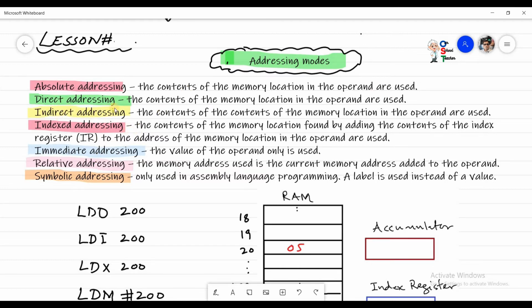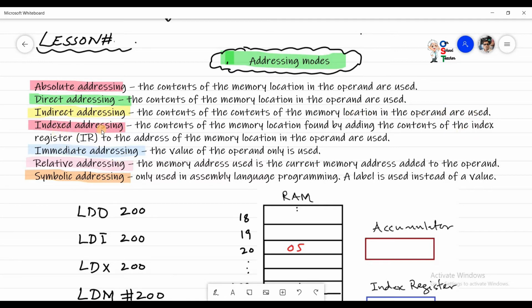We will see examples, but let's first see the definitions of these addressing modes. As I told you, direct addressing and absolute addressing are both the same. In direct addressing, the content of the memory location in the operand is used.